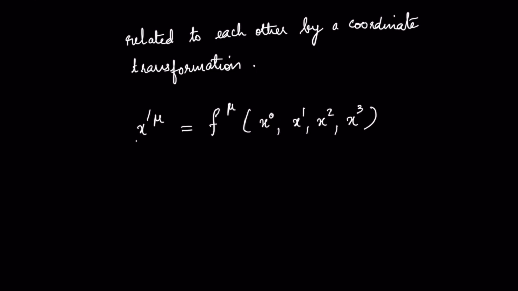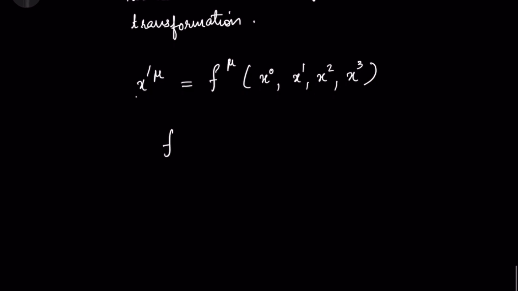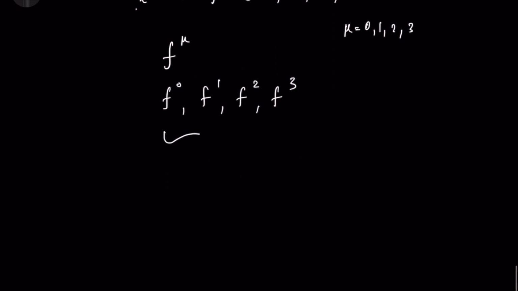Here you have to be very careful because this f mu, here also mu can take 0, 1, 2, and 3. So you will get the relation between primed and unprimed quantity, you will get 4 relations, f0, f1, f2, and f3. So these are 4 independent functions of the coordinate x mu.